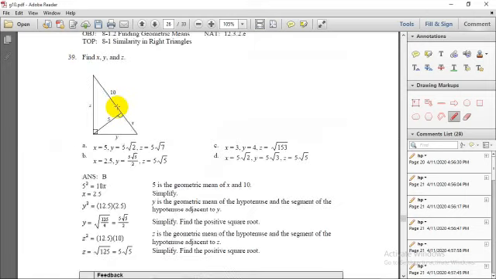Here I have this triangle which has two right angles. Find x, y, and z. Let's remember how we get it. First, do you remember this? We have 3 rules in this one.